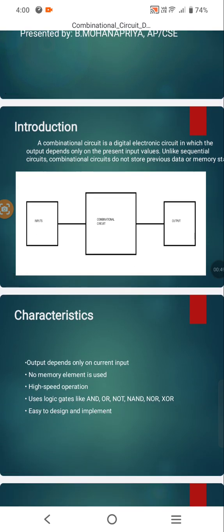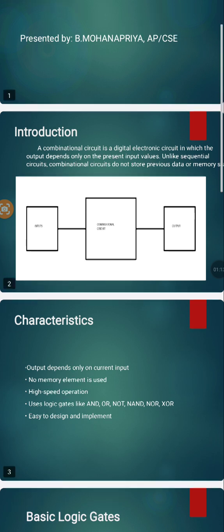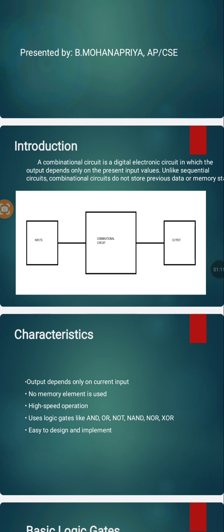Now we are going to the introduction of the combinational circuit. So what is meant by a combinational circuit? A combinational circuit is a digital circuit in which the output depends only on the present input values. This means if we change the input, the output changes immediately.